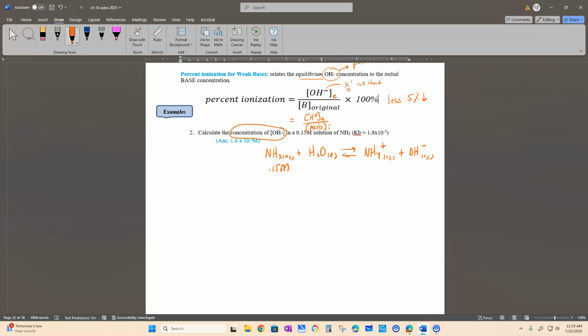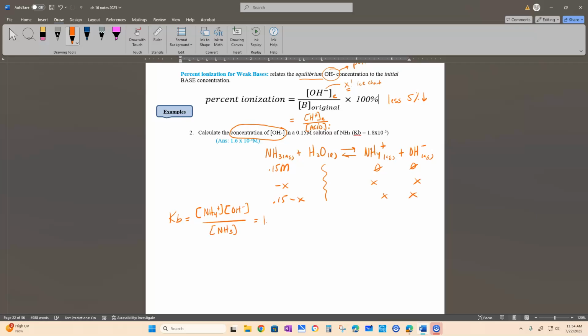Step number 1, you have your balanced equation. Number 2, let's do our ICE chart. Initially, I don't have any products, so I'm going to lose some reactants and gain some products. And then that's going to set up my Kb expression: my ammonium and my hydroxide.